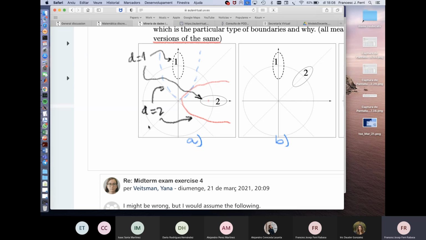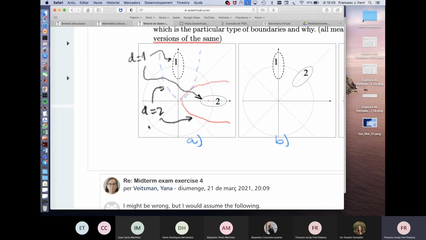So certainly the boundary goes from infinite to infinite. Do you all agree? Okay.